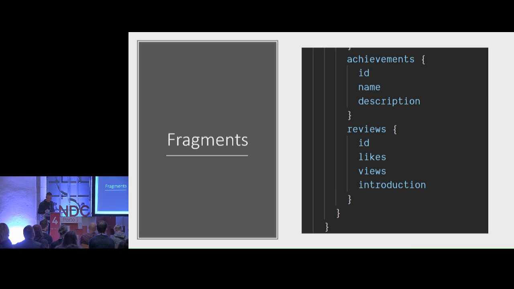So the next part I want to talk about is fragments. Just like we have types composed of other types, GraphQL can do the same thing. And it's really helpful when you use a certain bit of information multiple times in your application in different places. So this reviews might be a good example, because we might want what is essentially a review, not in this list, but in a different game or in a summary view, detail view, whatever.